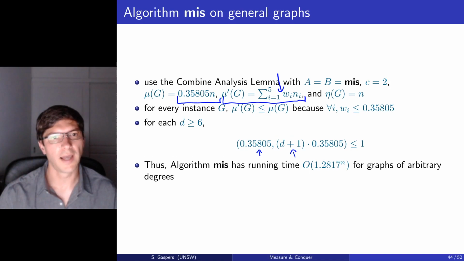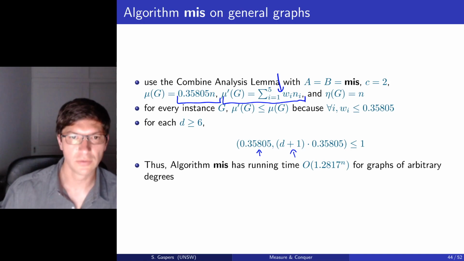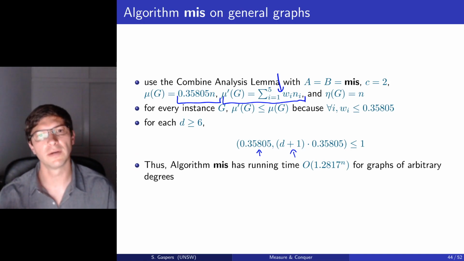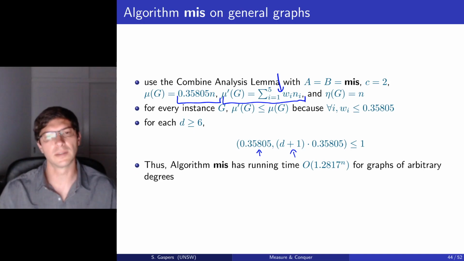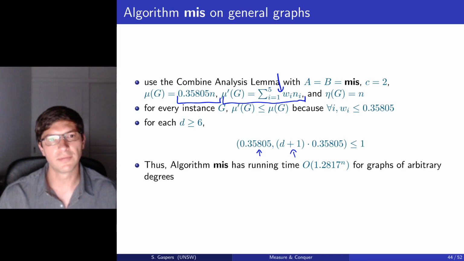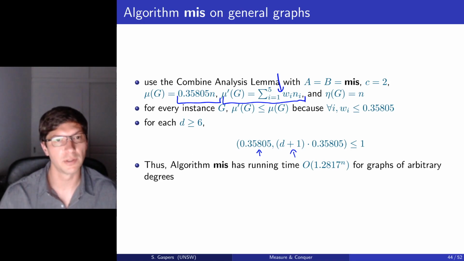So we need that for every d that's at least 6, this branching number here is at most 1. And this actually holds. So one can verify that 2 to the power minus 0.35805 plus 2 to the power minus d plus 1 times this weight is at most 1. And therefore algorithm MIS has running time 1.2817 to the power n for graphs with arbitrary degrees. So we have gotten rid of our degree constraint now.